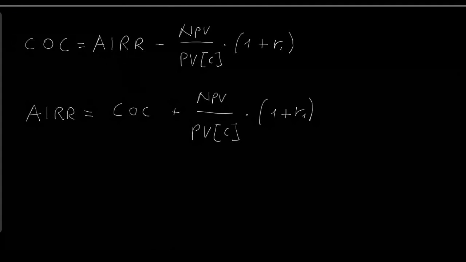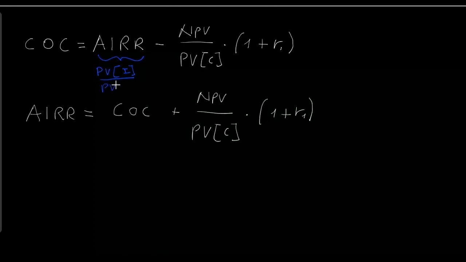For example, we can start from the project rate of return, take the income, compute the present value of all the incomes, divide by the present value of all the capitals, multiply by 1 plus the first period cost of capital. The NPV is the discounted sum of the cash flows.